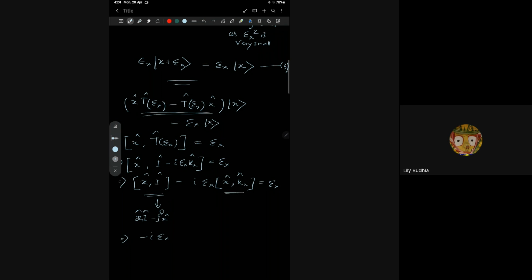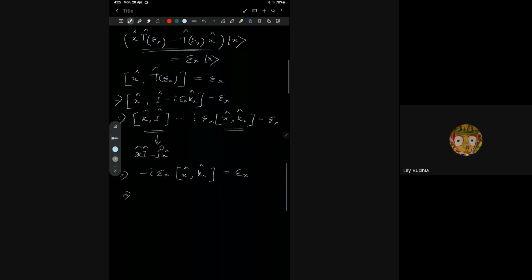Then this part, x square, x square commutator is equal to epsilon x. Isn't it? By rearranging, what will I get? Epsilon x will cancel. Minus I, if it goes to the other side, so this will be minus I x square commutator is equal to 1.